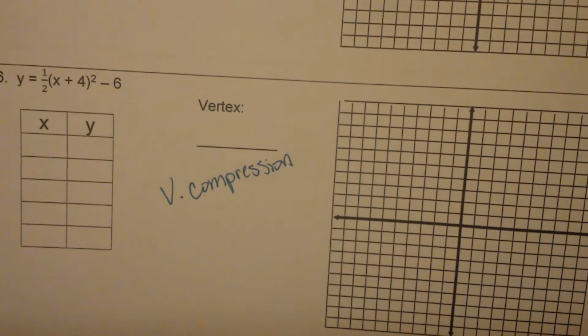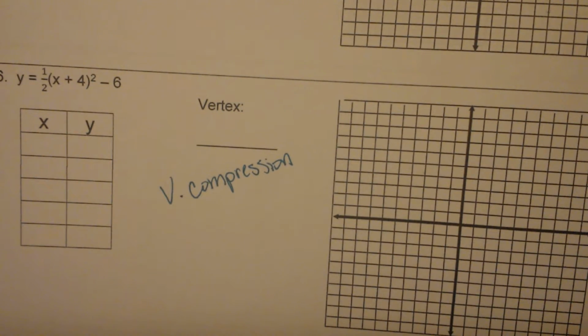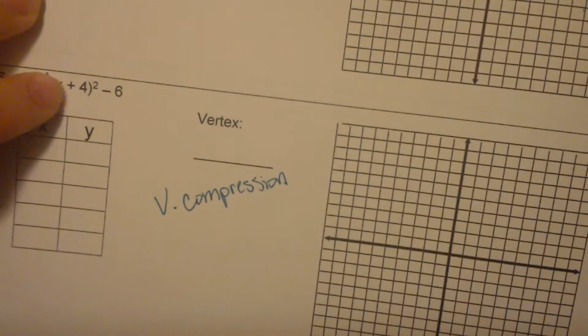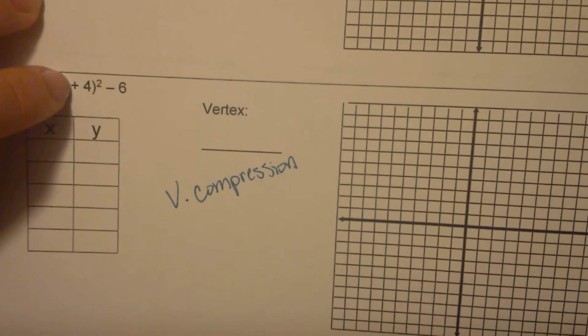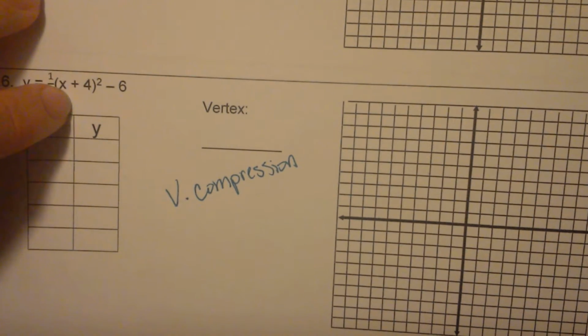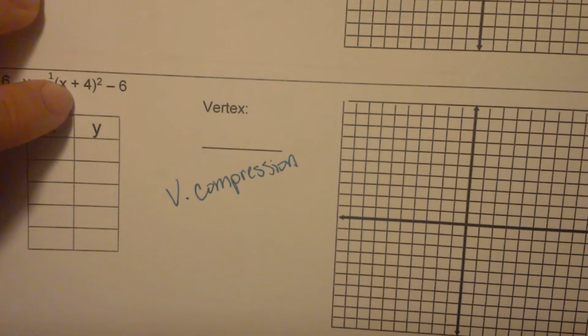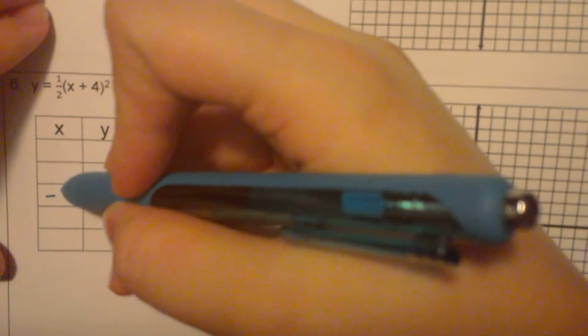I made the difference in my y value smaller. But for my vertex, h here is negative because it was x minus h. So I subtracted a negative, and so we just say that's addition. So h is negative, k is negative.